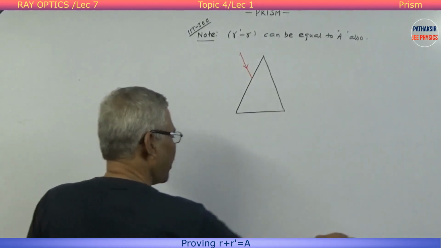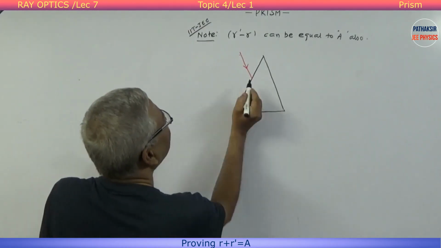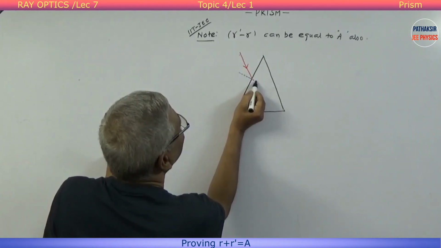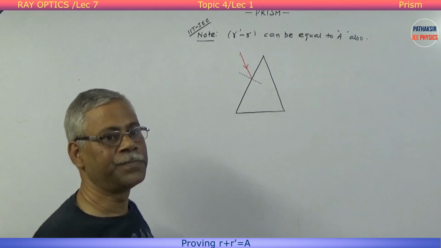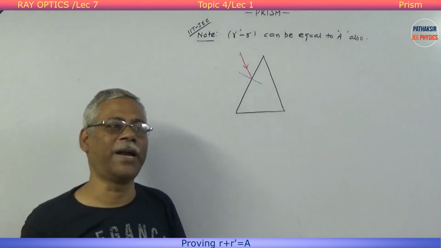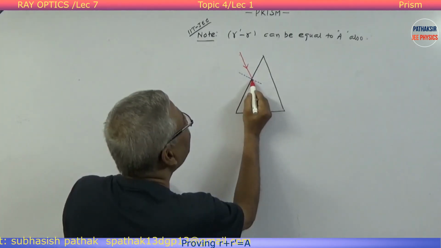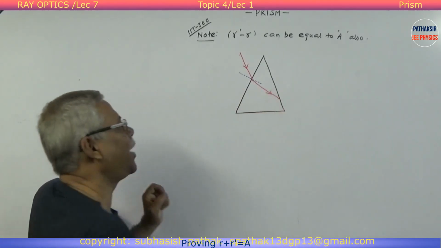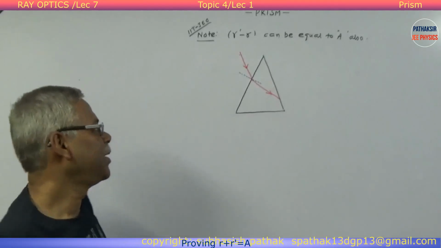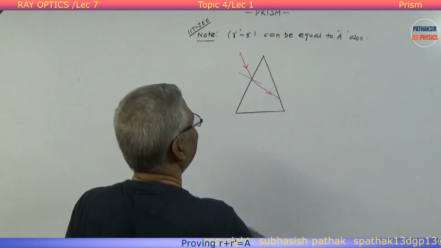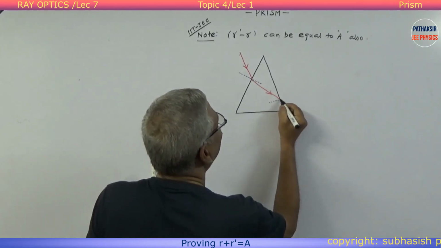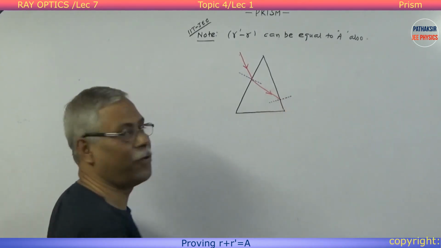Then I draw its path following the laws of refraction: when the ray goes from rarer to denser, it moves towards the normal. So here it has moved towards the normal. Now it is going from denser to rarer, so now it will move away from the normal.